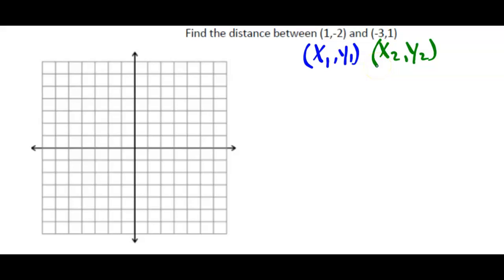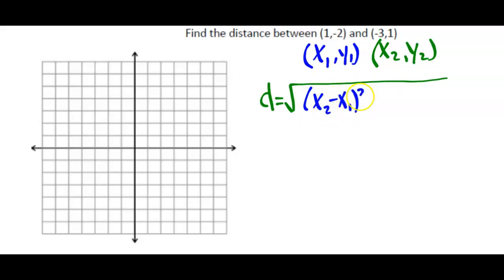So remember, my distance formula was D equals the square root of (X2 minus X1) squared plus (Y2 minus Y1) squared. Okay? So I have to plug my numbers in.